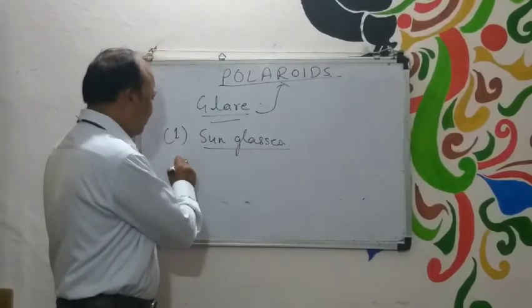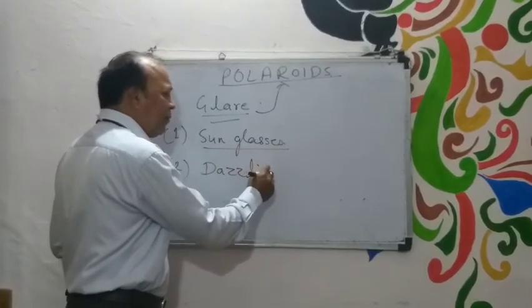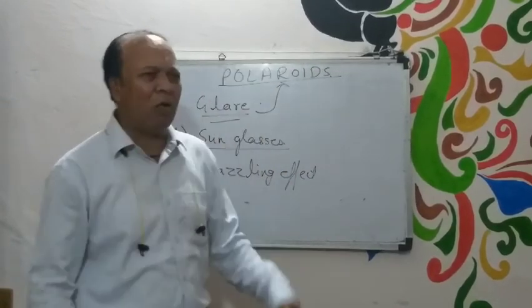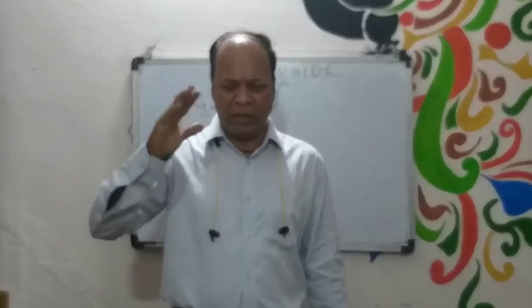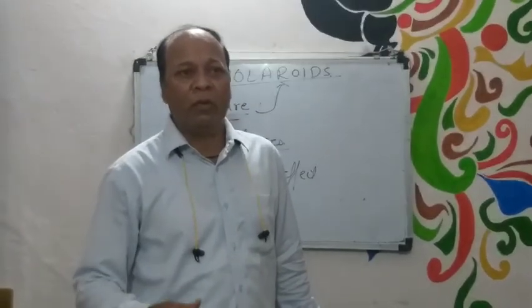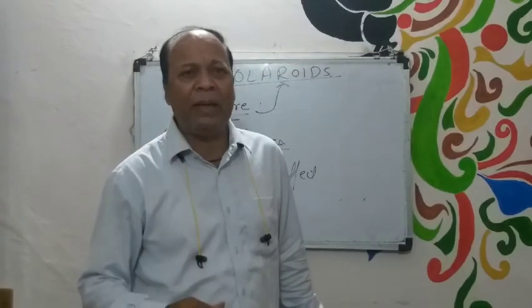Again, we will find the dazzling effect of light, a lot of glare, a sudden flash in your eyes whenever at night some vehicle crosses, its light gives you a dazzling effect.